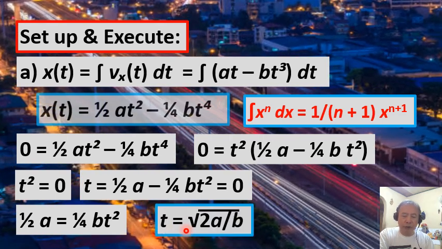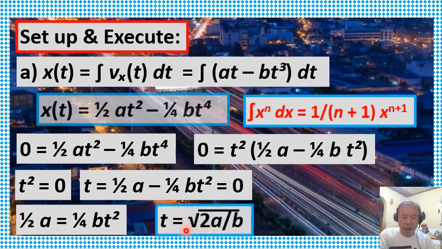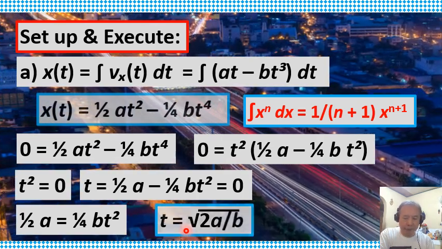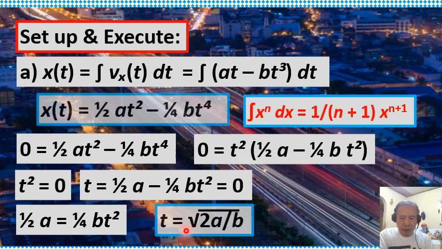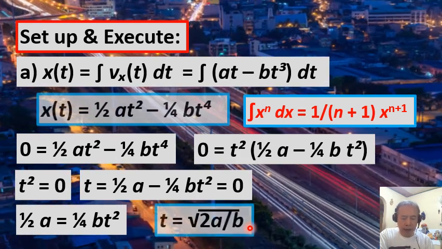But we consider only the value for the time t which is a non-zero time, equal to the square root of 2a over b.